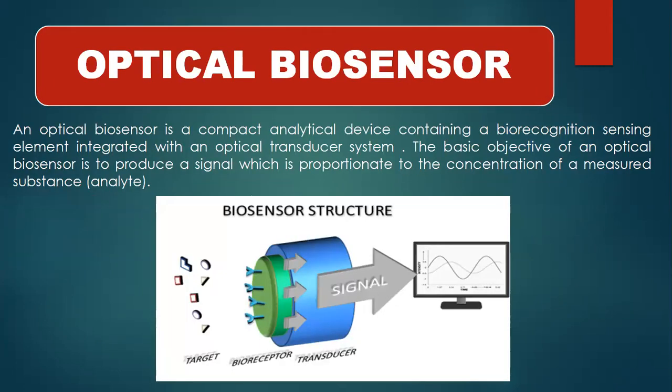An optical biosensor is a compact analytical device containing a biorecognition sensing element integrated with an optical transducer system. The basic objective of an optical biosensor is to produce a signal which is proportionate to the concentration of a measured substance, that is the analyte. And in our case, the analyte will be the lung cancer cells.